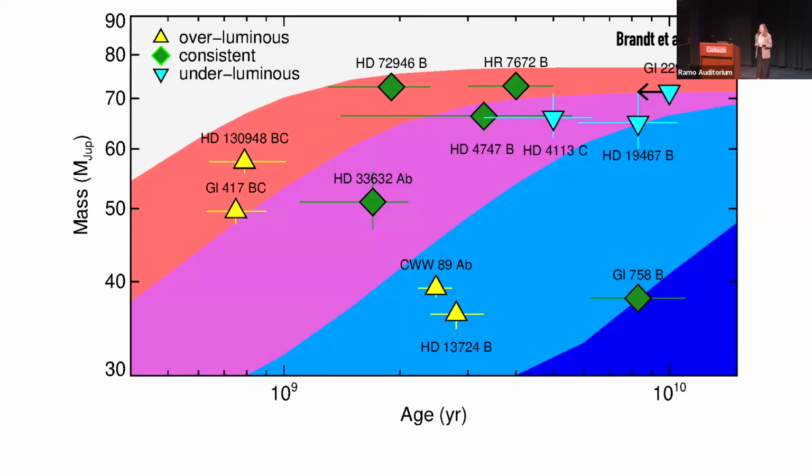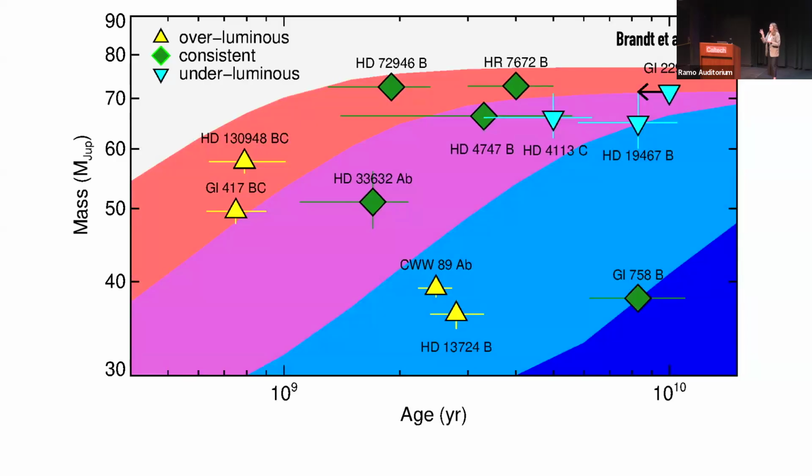Yes, so with METIS on the ELT, I do apologize to my ground-based folks, I was a little bit heavy on the JWST front. The ELT is going to be really powerful. I mean, the sheer size, and the angular resolution that we'll achieve with the ELT versus what we're doing with JWST. Marshall showed a great comparison yesterday of the sheer size. We just aren't able to achieve that angular resolution with JWST because we are constrained by the mirror size and by the wavelength range in which we're observing.